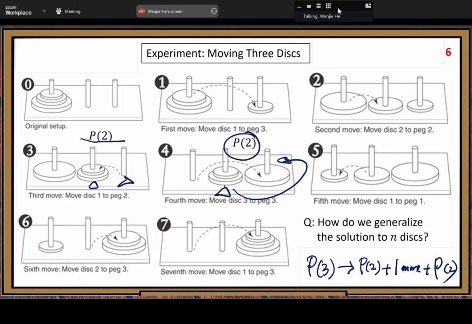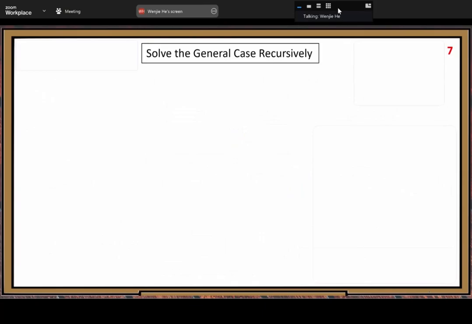Next, we need to generalize. We need to do the general case. Now we are ready. After we understand the whole process, we are ready to move n disks following the same recursion.